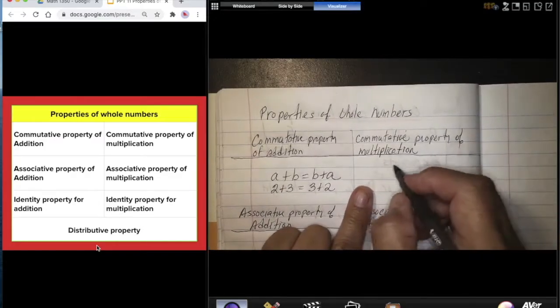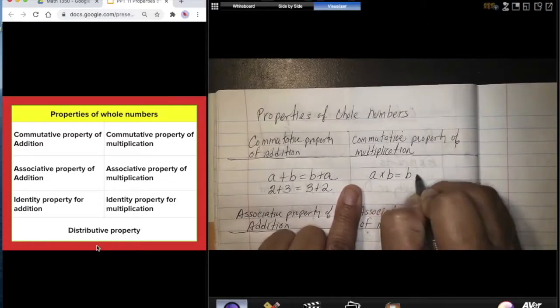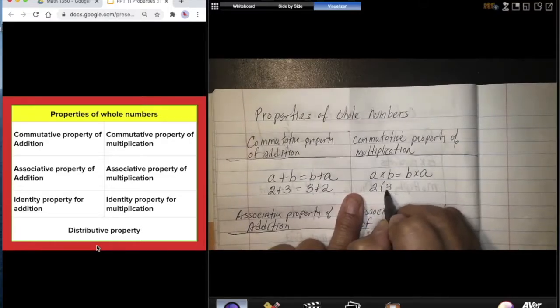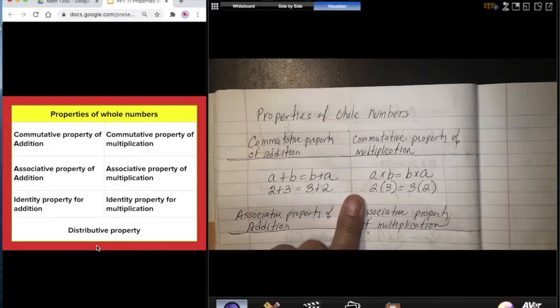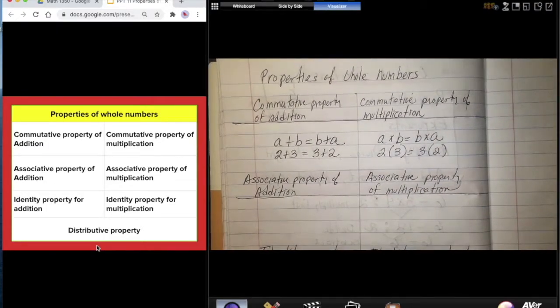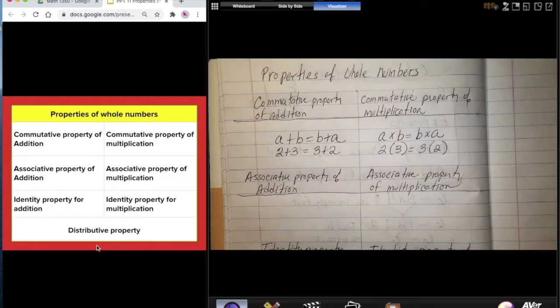Commutative property of multiplication, that's A times B is equal to B times A. So same thing. 2 times 3 is the same thing as 3 times 2. Notice that the order of the two numbers changes. So let's go ahead and include that in there.